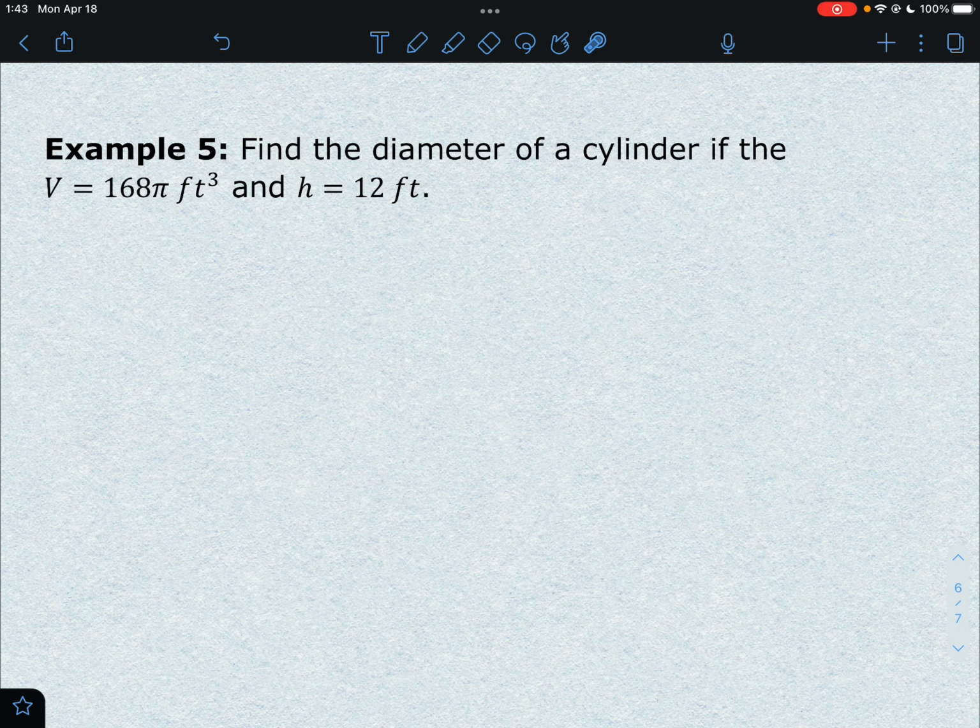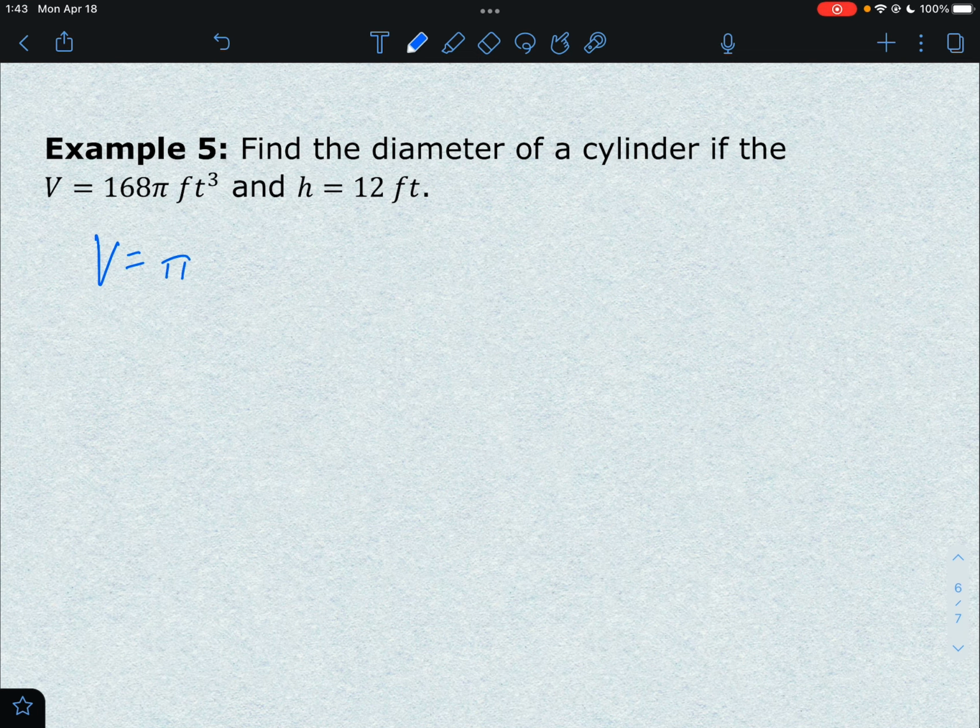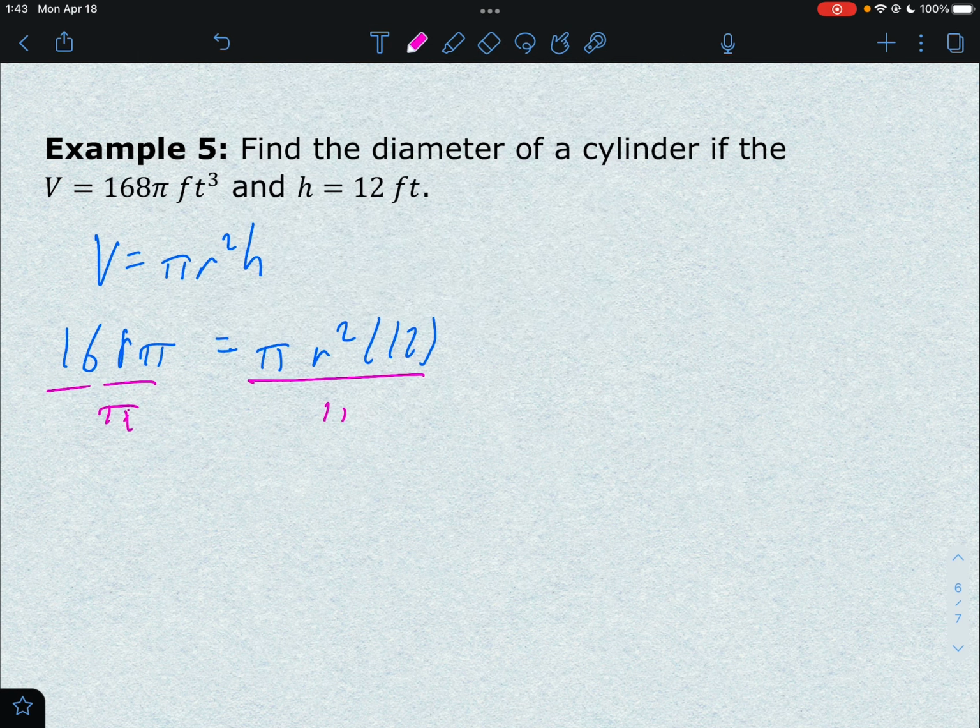Number 5, find the diameter of a cylinder given this information. Okay, so we have volume equals pi r squared h. The volume is 168 pi, and then h is 12. So if we start here by dividing both sides by pi, we have 168 equals 12 r squared.